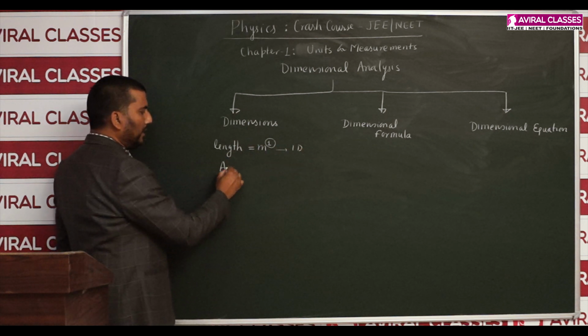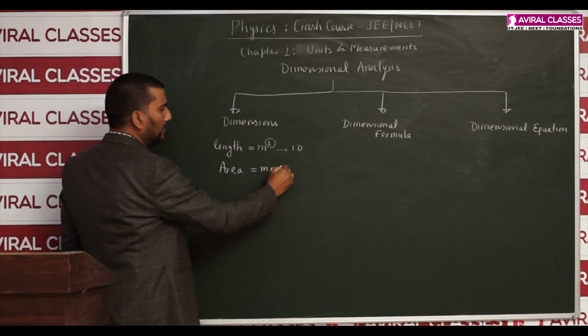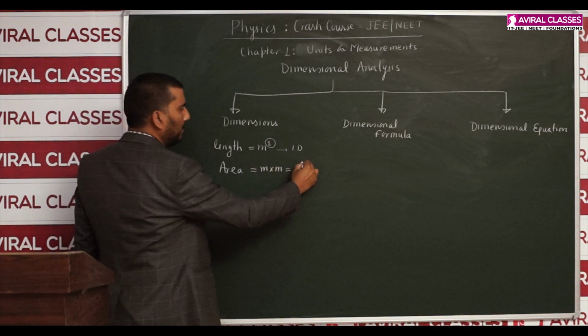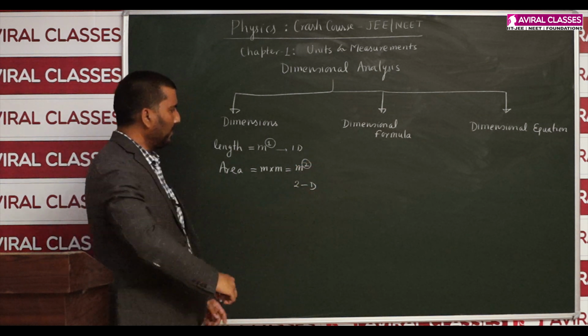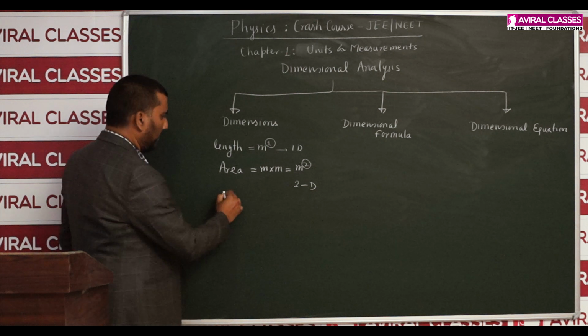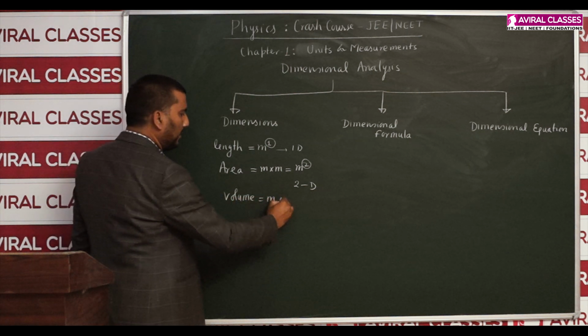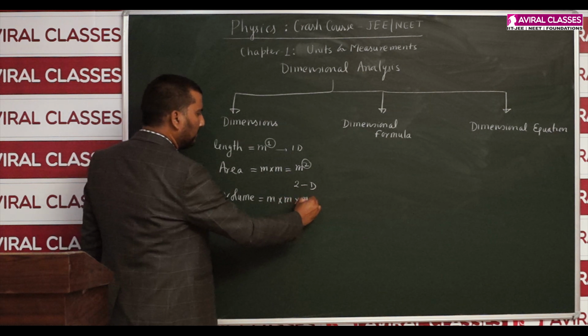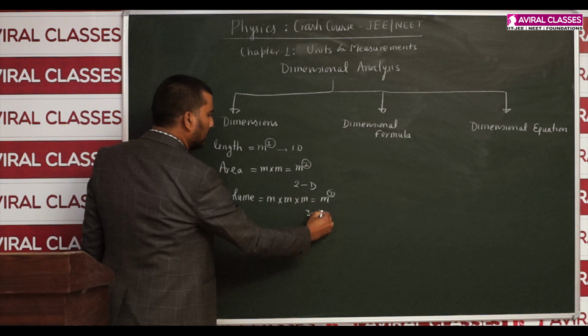If I write area, it is meter into meter, that is meter square. So here it is of 2 dimensions. Now, if I write volume, again it is meter into meter into meter, it is meter cube, and it is of 3 dimensions.